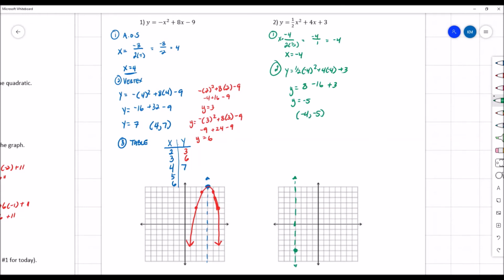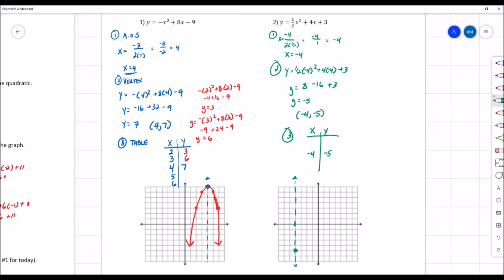From there, make my table. X, Y. The center of that table will be negative 4, negative 5. Before, we were just choosing numbers around here, and that's what we want to do, but we also want to be smart about it.